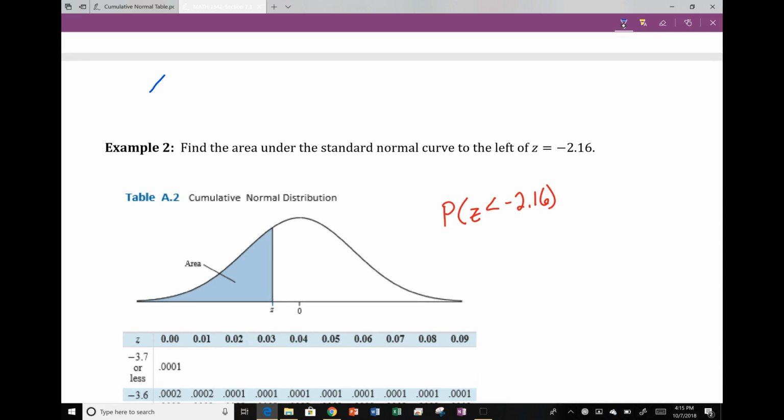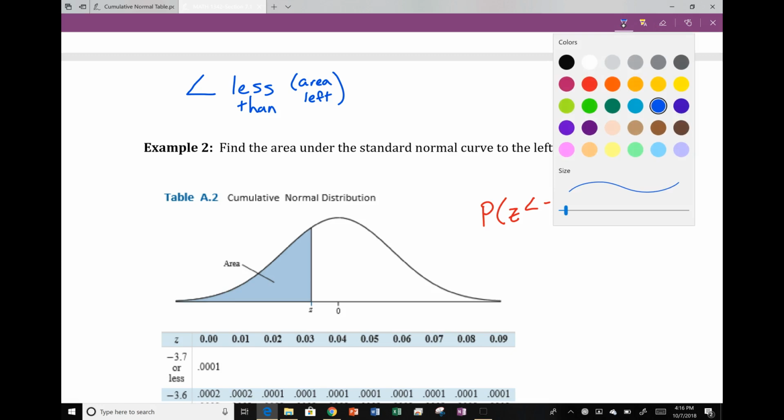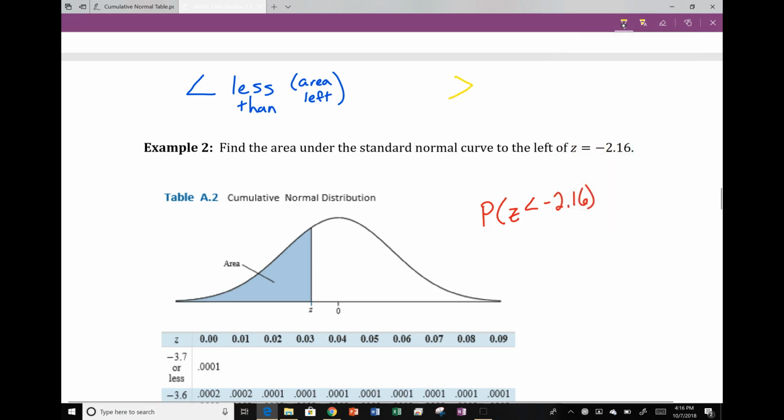This symbol is for less than, and it's going to be the area to the left. Area left. It kind of looks like an L. So L, L, and L. Now, this one is our greater than, and it's going to be the area to the right. So area to the right. You'll notice that whichever direction this is pointing, that's the direction that we're looking at for our area. Okay?